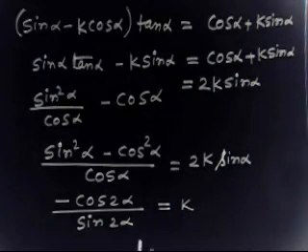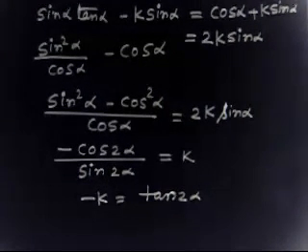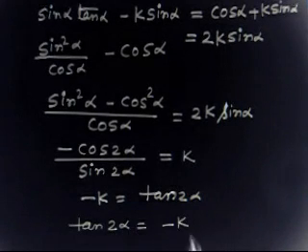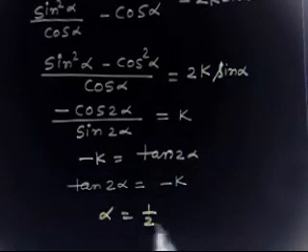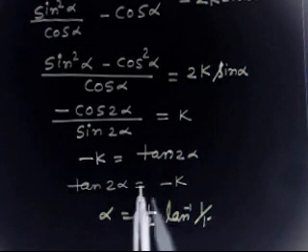So now I can write minus k is equal to, this goes that side, so it becomes tan 2 alpha. Are you getting? So tan 2 alpha is equal to minus k. So alpha is basically 1 by 2 tan inverse 1 by k, or simply k.